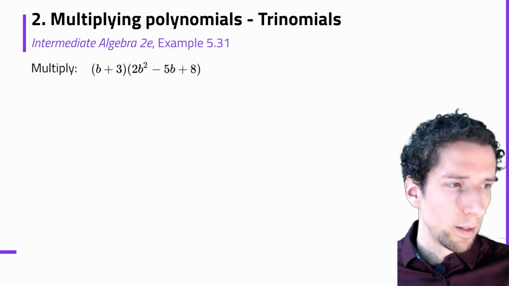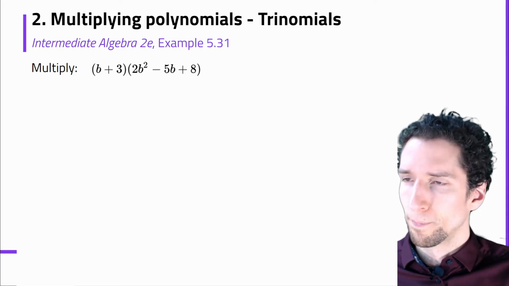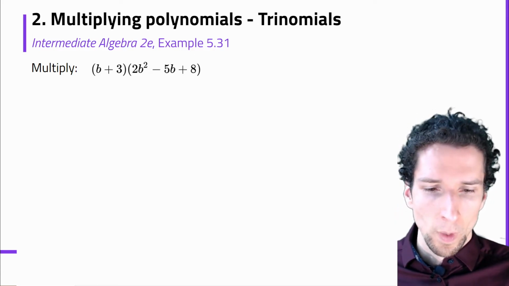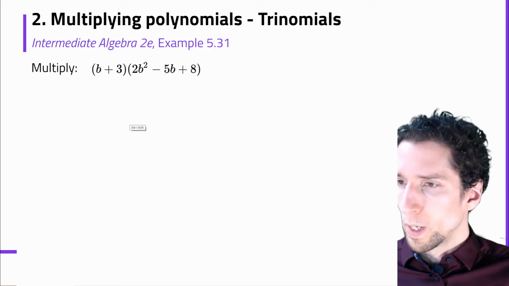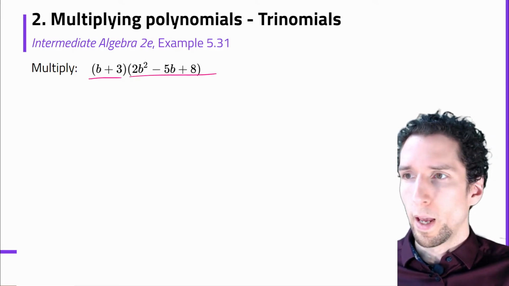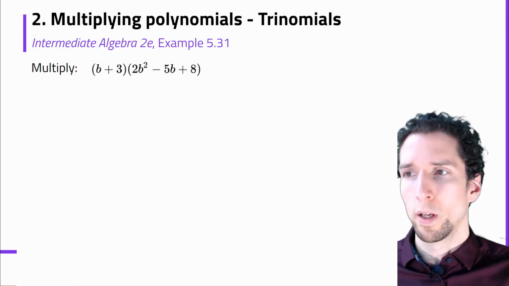And last set for today, bit of a shorter video. Well, we're not done yet. We'll see how long it takes. Is where we might have larger things. So here a binomial and a trinomial. So it's the same process. It's each thing in the first one times each thing in the second one.